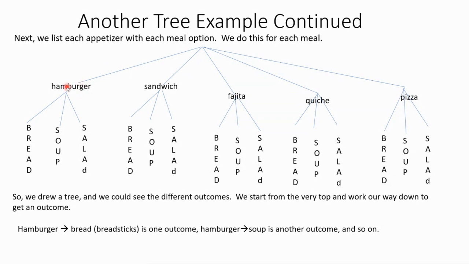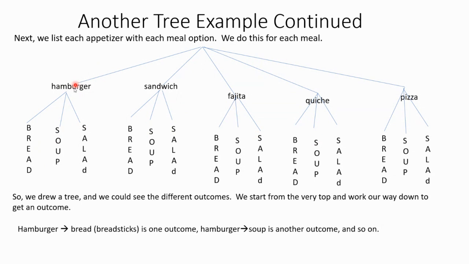So from hamburger, you would have a branch for each appetizer, the element from the other category. You have bread for breadsticks. I ran out of room, so that's why I wrote bread, soup, and salad. Same thing with the other meal options. Sandwich, you have bread, soup, and salad. Fajita, you have bread, soup, and salad as well. You do this for each of them.